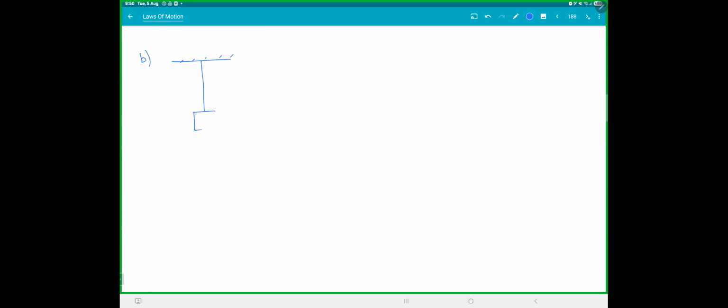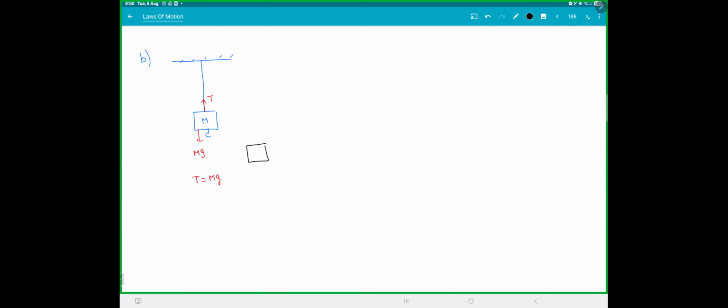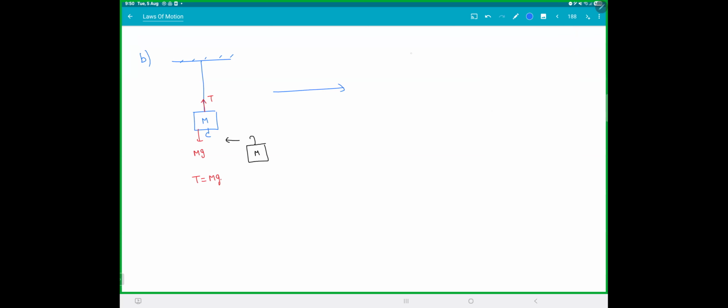Let's say we have a string here and we have a block M here with a hook. So at this instant, the tension will be T and this will be mg. If you attach a block, the moment you attach the block, understand, a string cannot stretch or compress. String cannot elongate in this case.